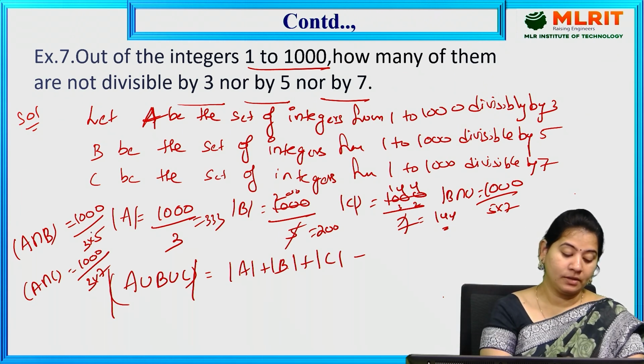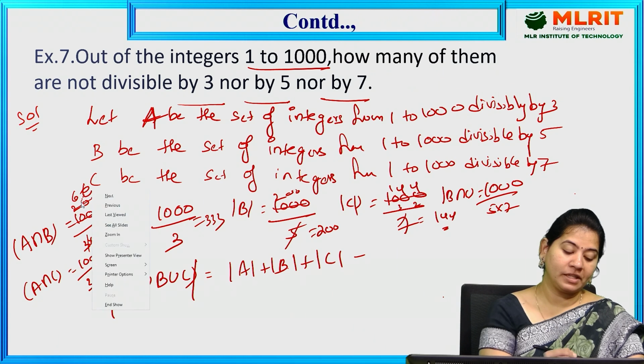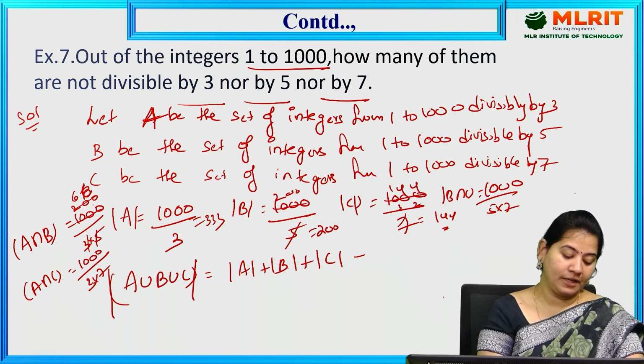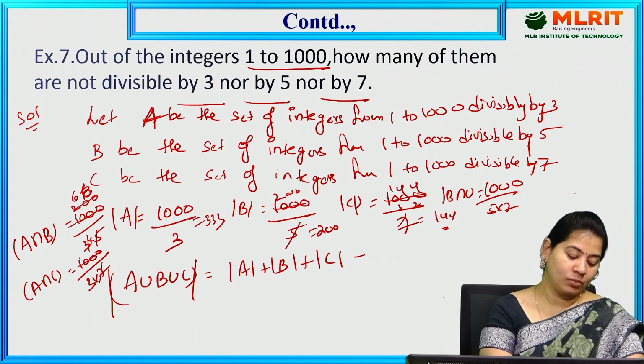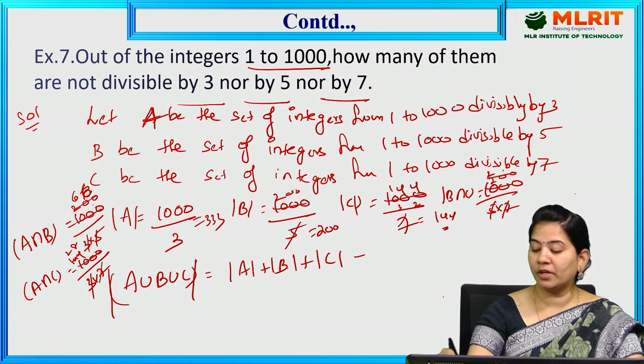So now 200 by 3, let's suppose 3 sixes are 18 and we are taking 66 roughly. And A intersection C here, we can also take 144. So 144 by 3, 3 fours are 12 and 3 eights are 24. In the same way, 5 twos are 10, 200 by 7, 7 twos are 14, 7 eights are 28.